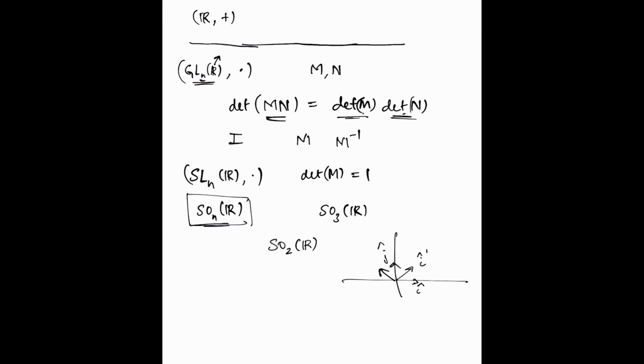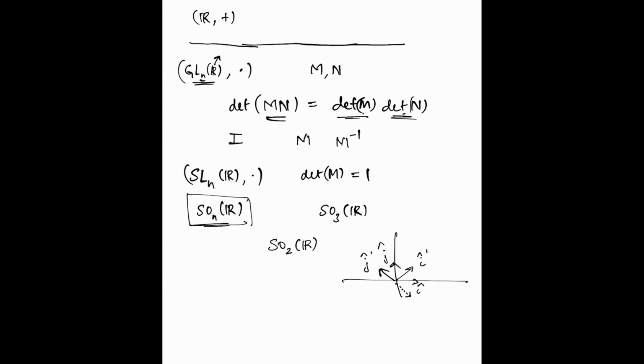Then j hat correspondingly goes somewhere here, j hat dash. Now you might ask me, why not here? That's also perpendicular, right? So it turns out if you want it to go the other way, what you're essentially doing is changing the orientation, right? To go from i hat to j hat, you have to do a counterclockwise 90-degree rotation. And if you were to change that to clockwise, what you end up with is a determinant of that transformation of -1. So the minus changes the orientation.